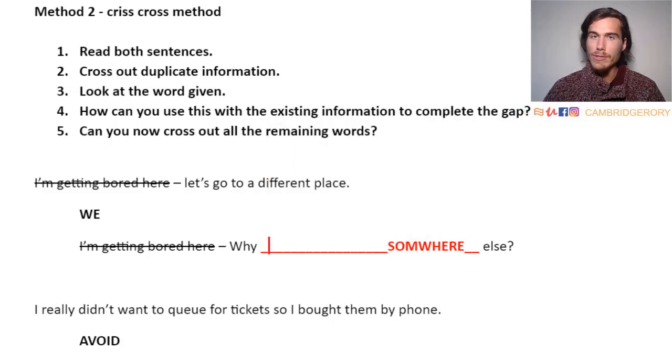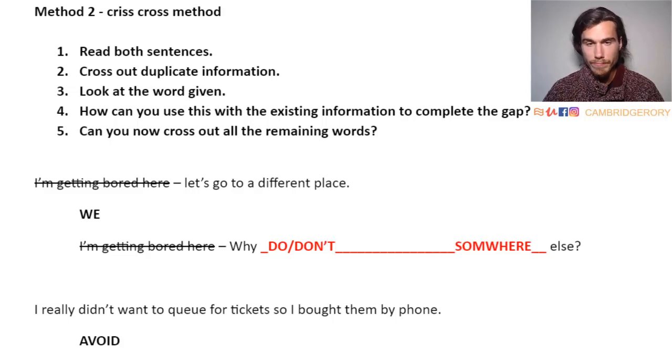Normally in questions that begin with W, or W questions, we would say why and then the verb. So a typical verb could be do, or maybe it's negative, don't. And then, in these questions, the next word tends to be the subject. Why don't we? Or why do we?